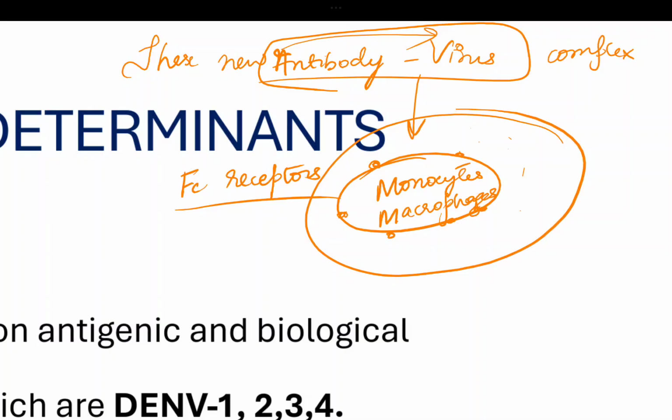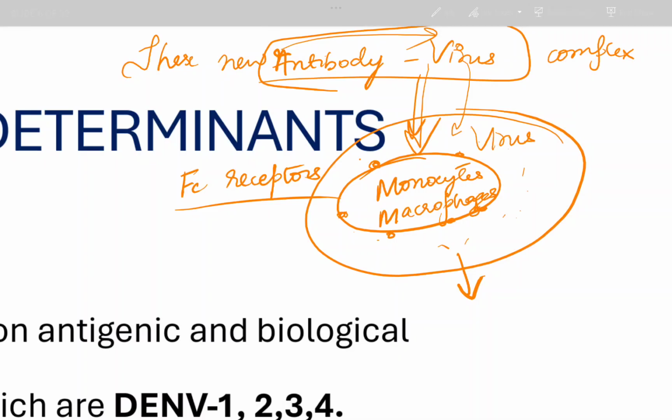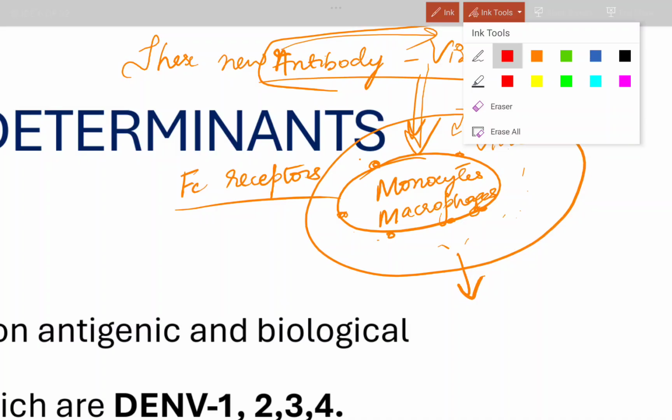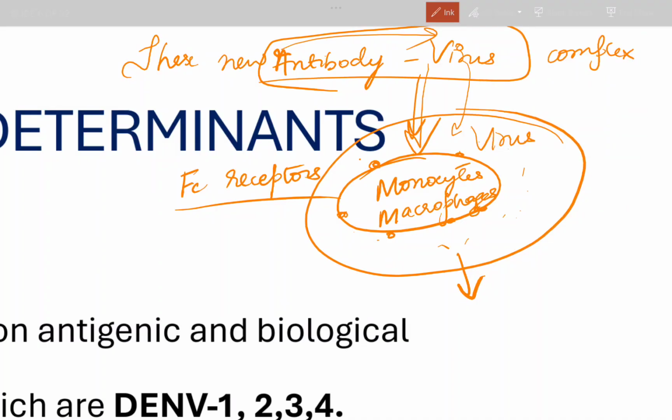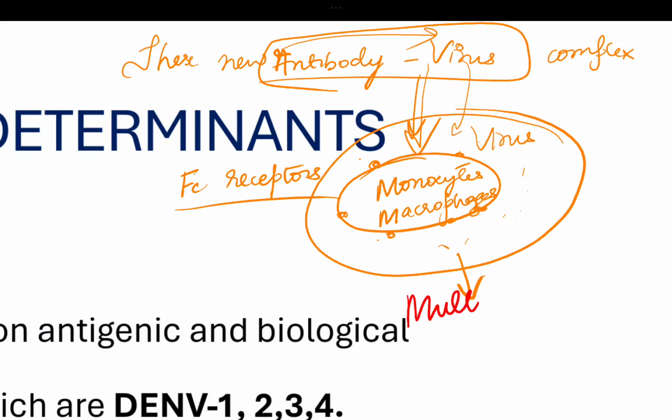Dengue virus will survive inside the cell and start multiplying inside these immune cells. So this antibody virus complex has taken the virus inside the immune cells. And now this virus starts multiplying. More and more viruses will multiply and they will affect the immune cells.